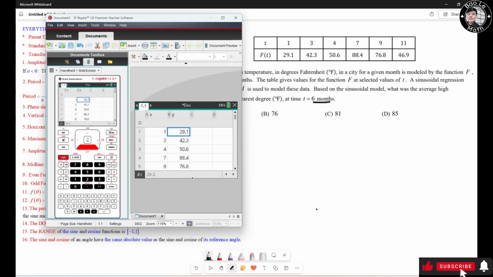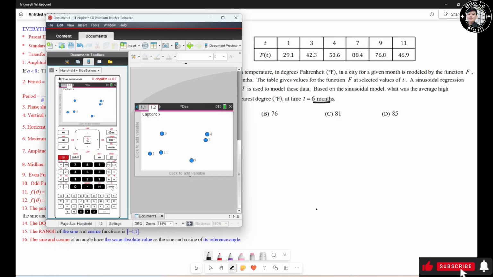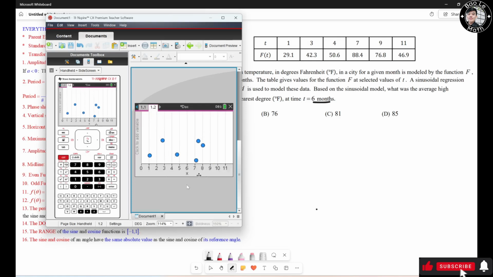Alright, after we finish inputting the values for the table, now we need to hit Ctrl I. Hit Add Data and Statistics right here. Hit enter. Alright, so we see that this is the scatter plot of the data. So we need to name the values for the x-axis, so it should be x right here, and name the values for the y-axis right here.